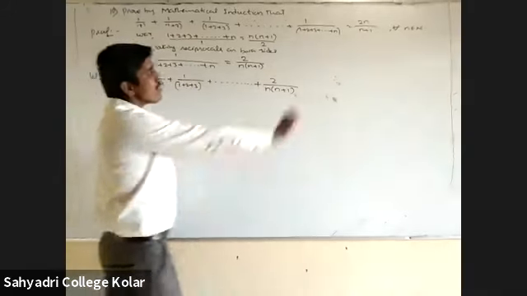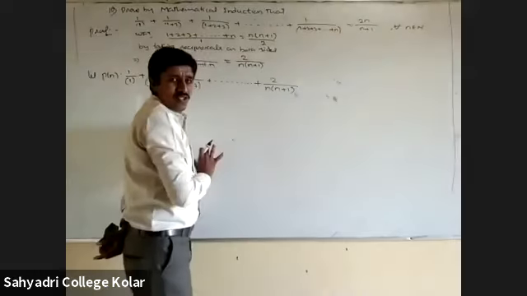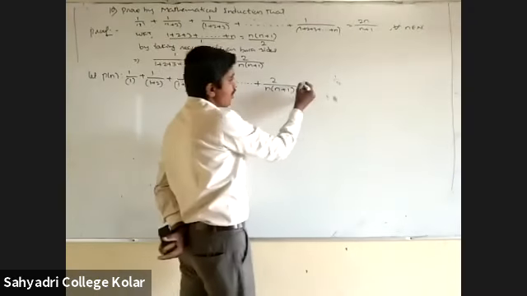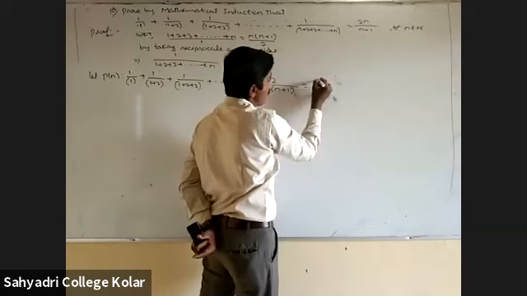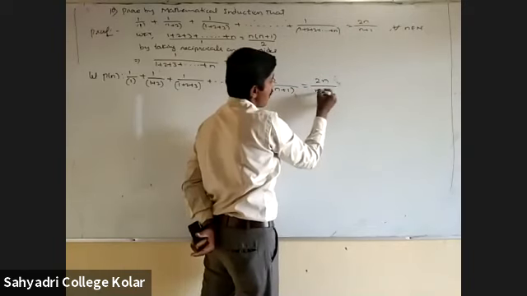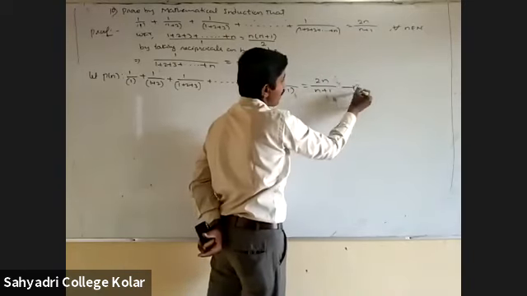Got it? This total value is equal to the RHS, 2n by n plus 1, called equation 1.